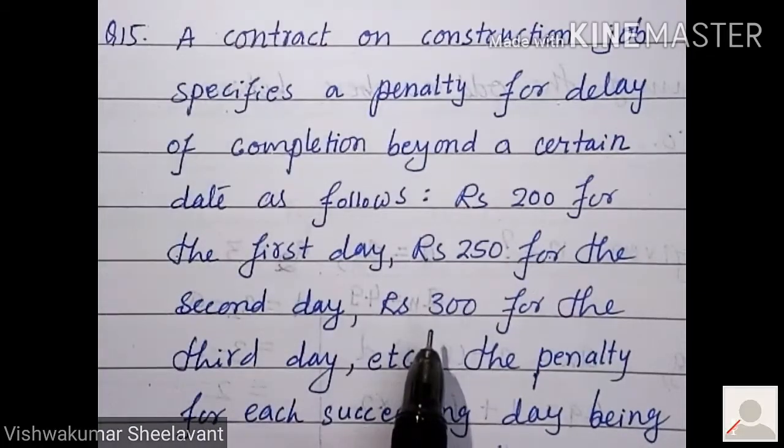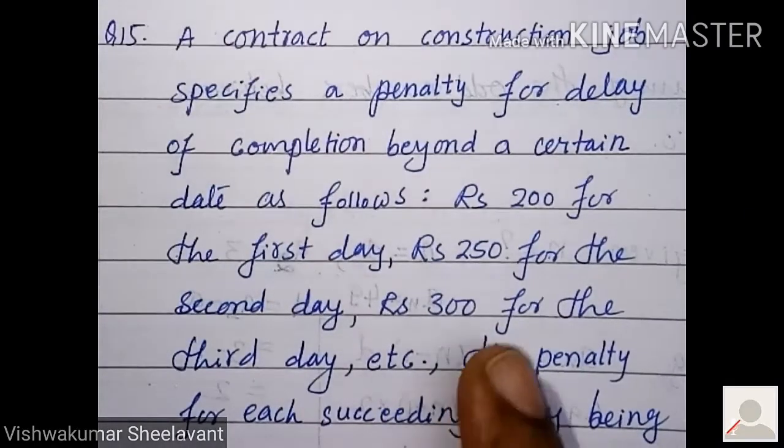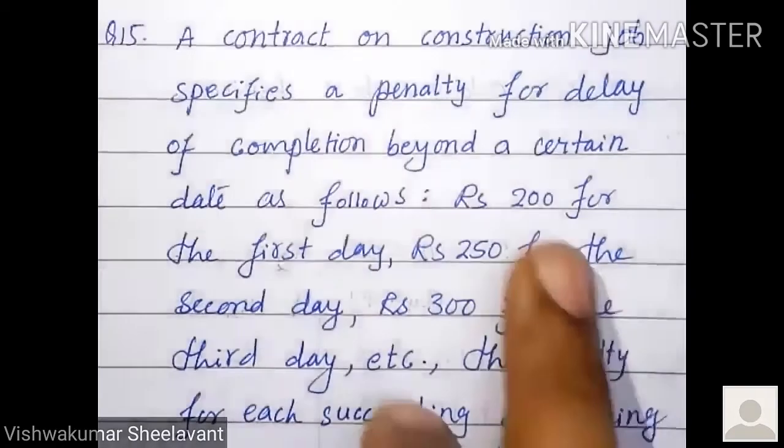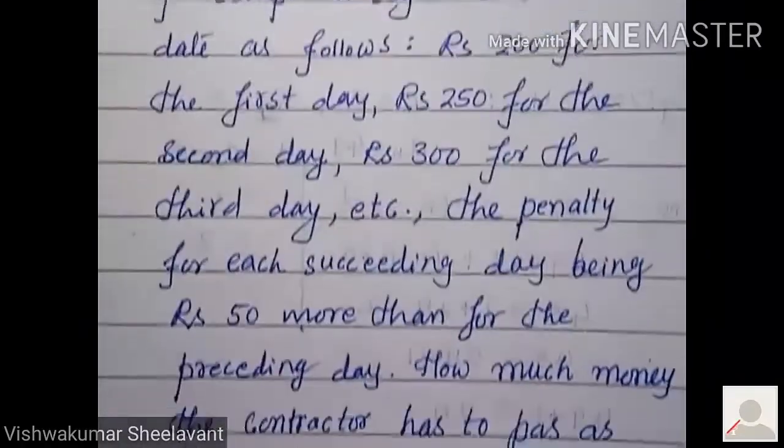If he is late by 3 days in finishing the work, then contractor has to pay 300 for the third day, rupees 300 for the third day. Like this, for every day late, the contractor has to pay 50 rupees additional penalty starting from 200 for the first day. Okay.